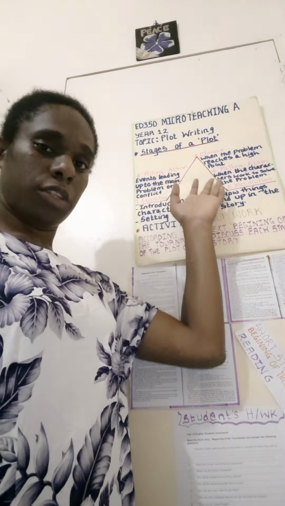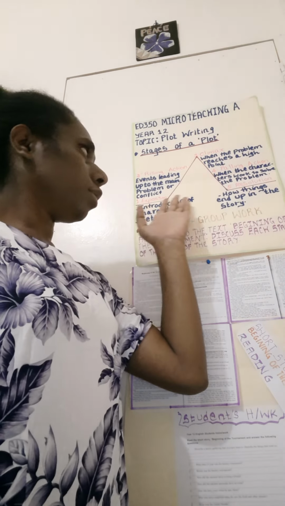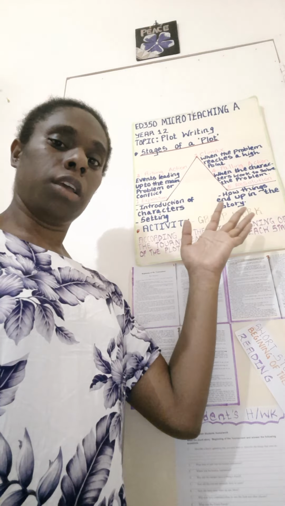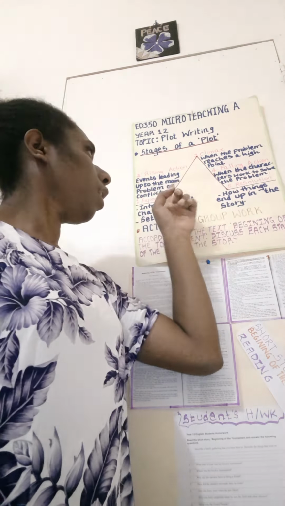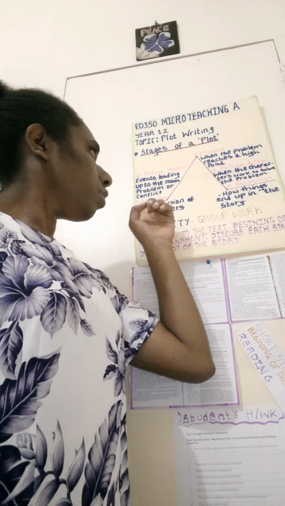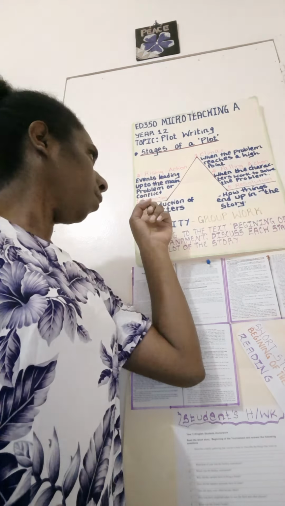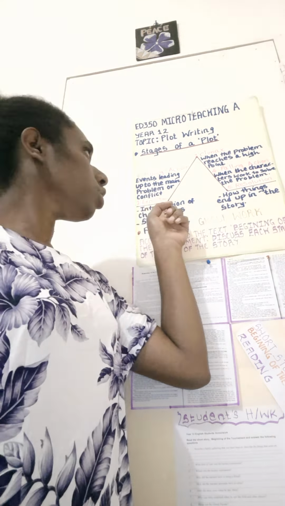I will help my students understand and remember the 5 stages of the plot by telling them to see it in the shape of a mountain. Stage 1 is the beginning of climbing a mountain, which is exposition.